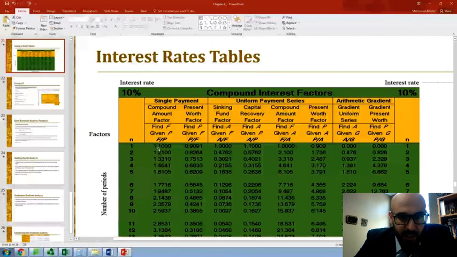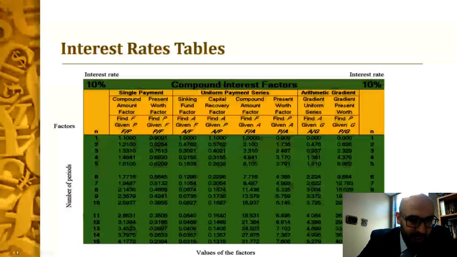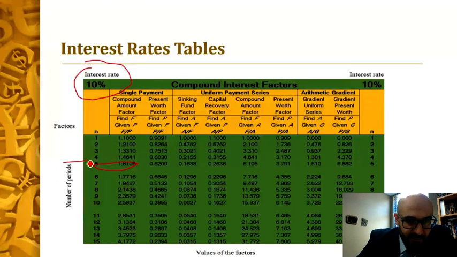Now, which column? The column we're looking for is find F given P. This is the column, and this is the factor right here. Again, the interest rate table is 10%, number of years is 5, and the column is find F given P. This is the factor that we're looking for, 1.6105.